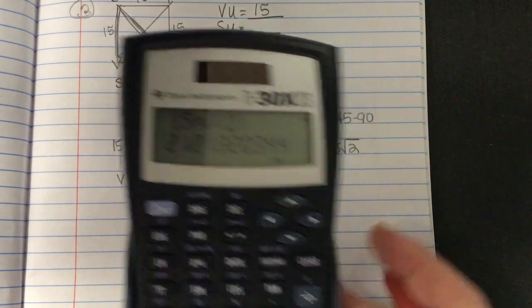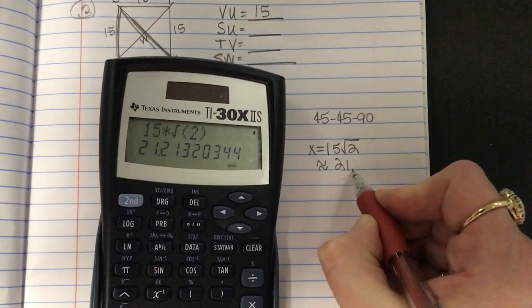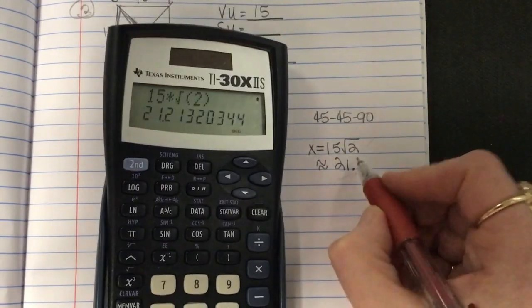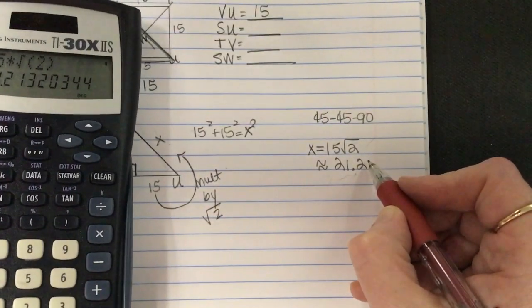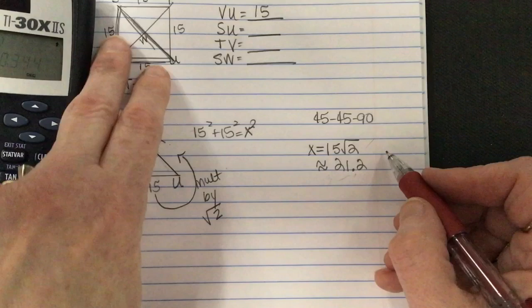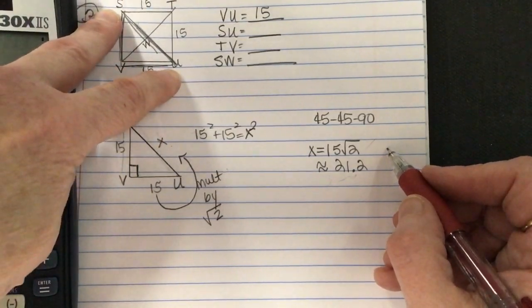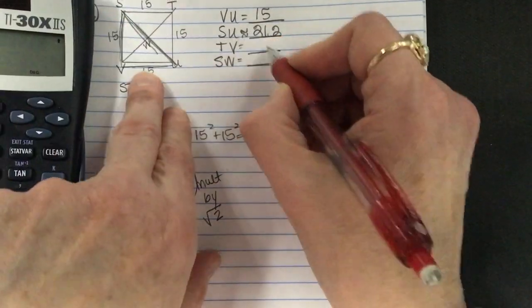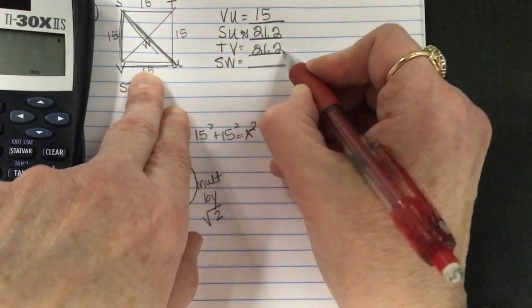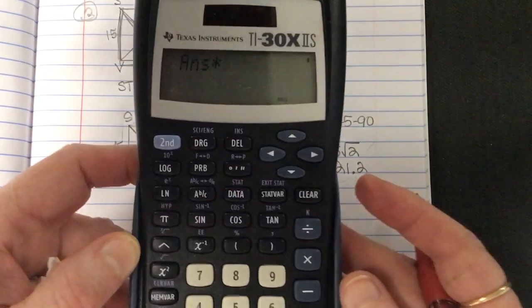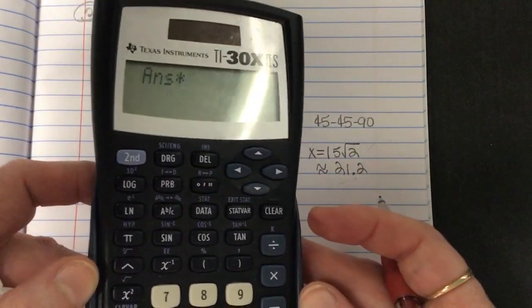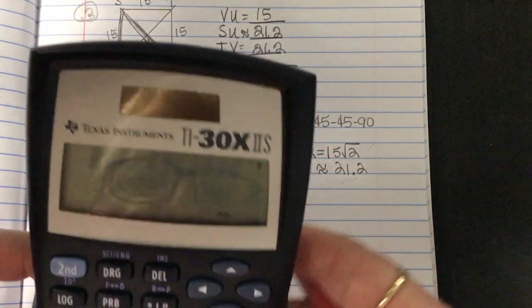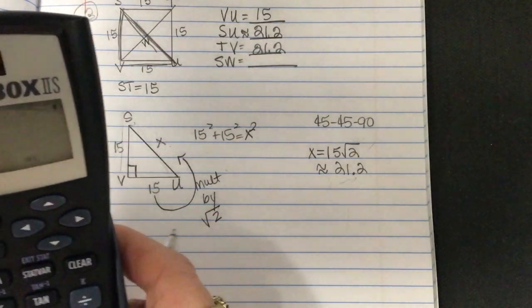And then you get 21 point, and the 1 is going to make the 2 stay the same. So that's the whole hypotenuse, so that's SU, and that's TV.